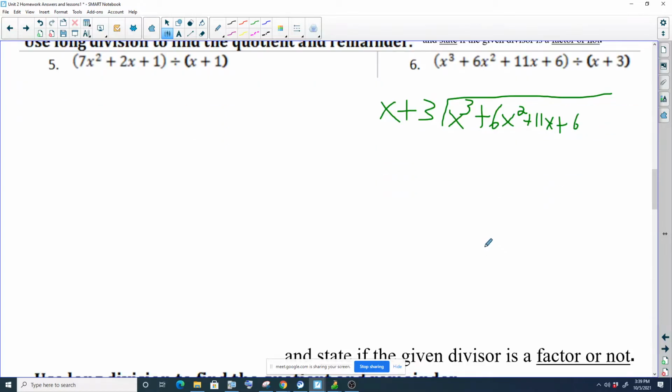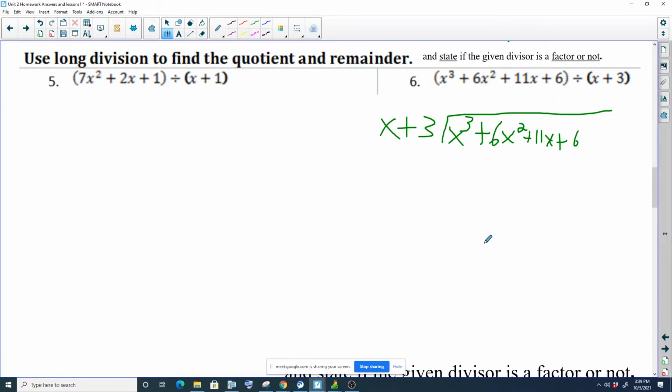But let's do that with long division with letters now. Oh no, not letters. So what we're going to do is see how many times x goes into x cubed. Well, what are you even talking about? Well, I mean x times something is x cubed.